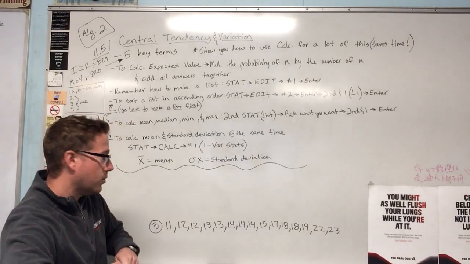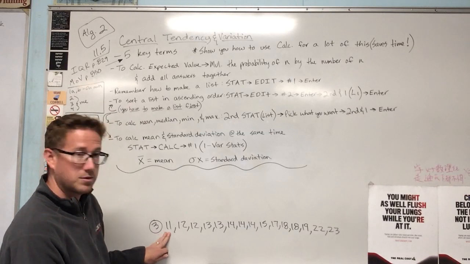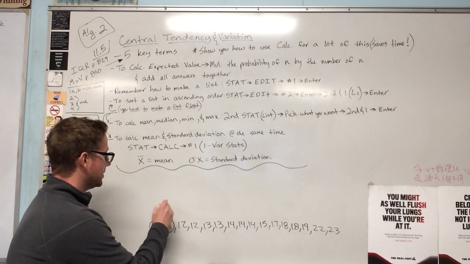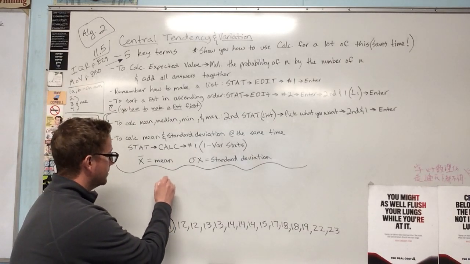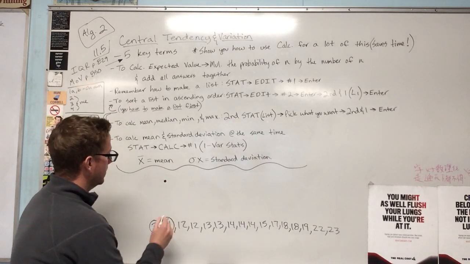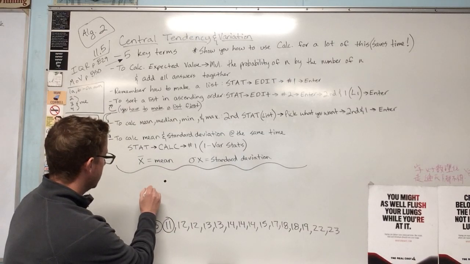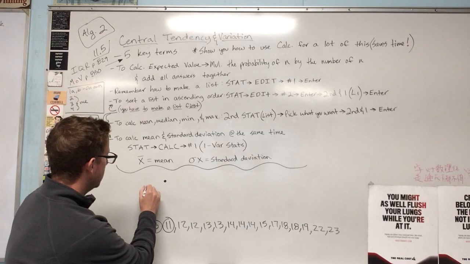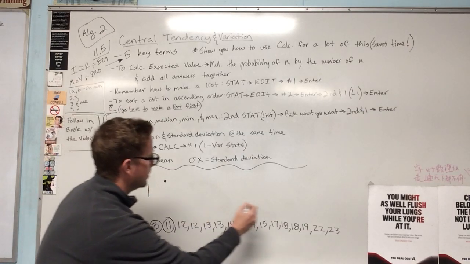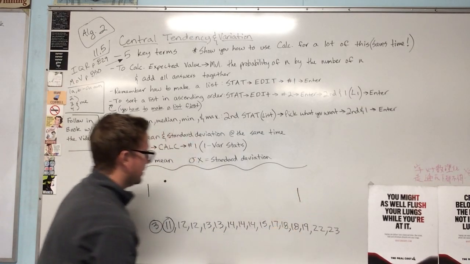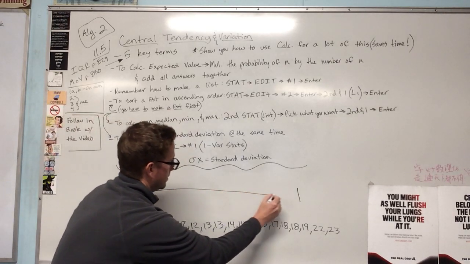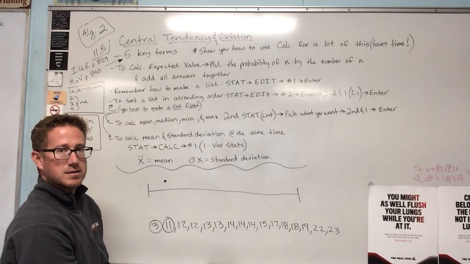So, step 1, what's our lowest number? It's 11, okay? So that means we are using the 11. So I'm going to put a dot right here, and I'm going to start making a number line, okay? I'm going to make a number line that will go that far, and we're going to fill in some values in this number line.